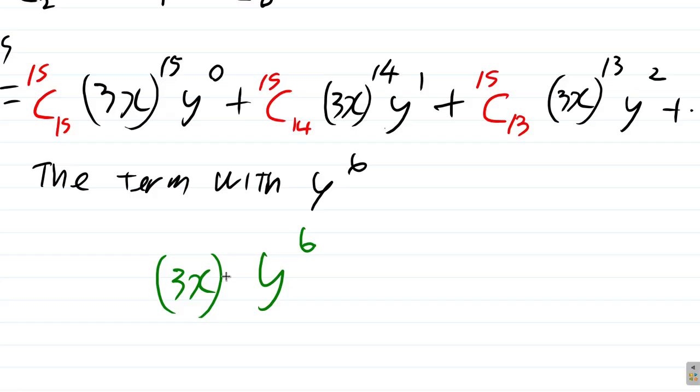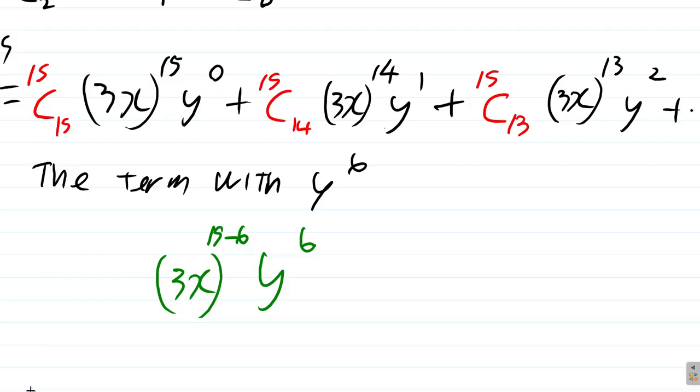Now remember, the power of the 3x and the power of y always add up to 15. So it's going to be 15 minus 6. Let's write it like that first. 3x will be to the 15 minus 6 while y is to the 6.